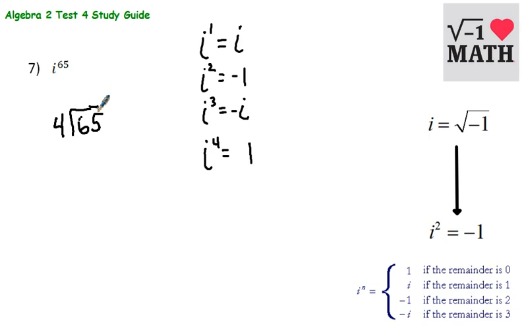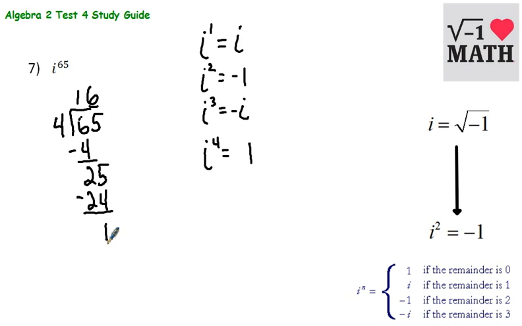Because if you did 4, 8, 12, 16, 20, 24, right? If you counted all the way up near 65, then you would know every multiple of 4 would be equal to 1. And so we're just trying to find out what's the distance from the closest multiple of 4. So we get 25, which we could go in 6 times, which would be 24.